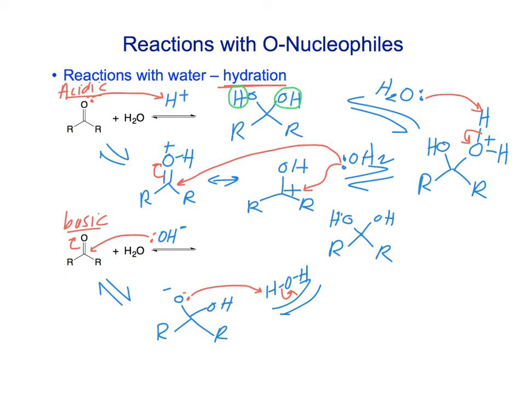We'll never form a hydroxide or this alkoxide if we're in acidic media. We just can't have hydroxide in acid. Likewise, if we have hydroxide, then everything's either going to be neutral or a minus charge. We have to be careful not to mix those conditions and make sure that we're consistent.